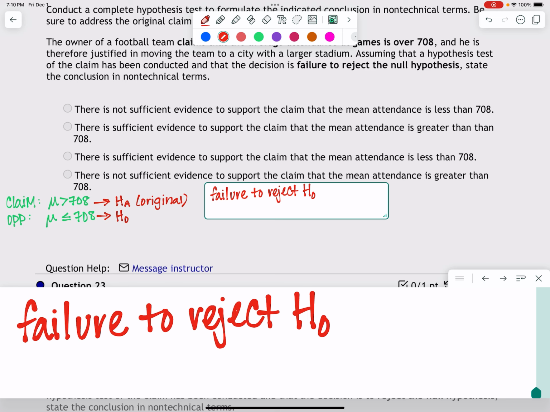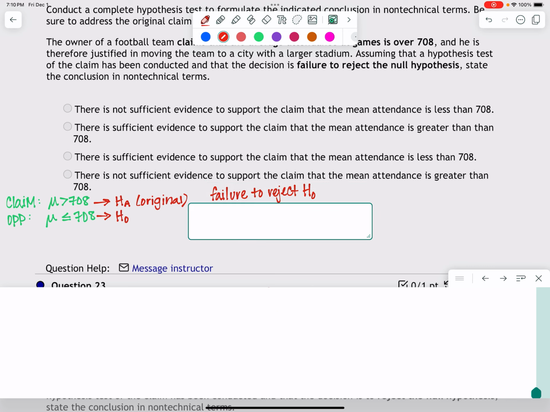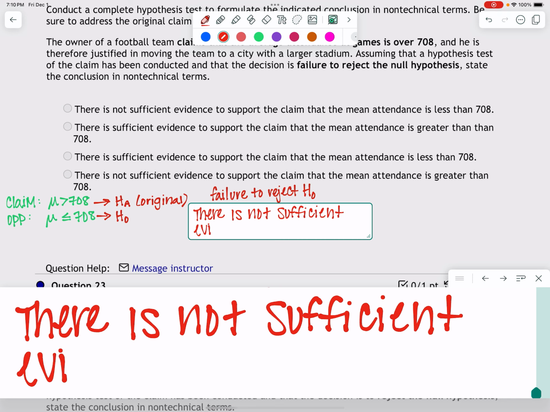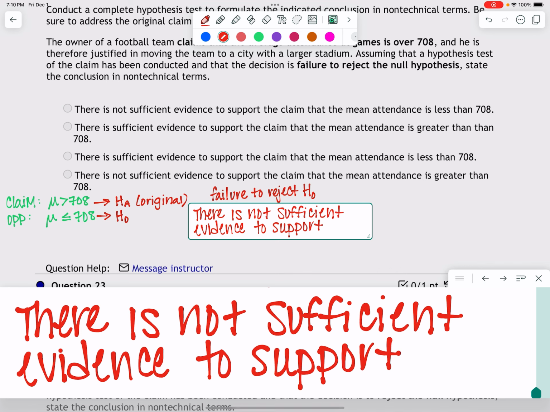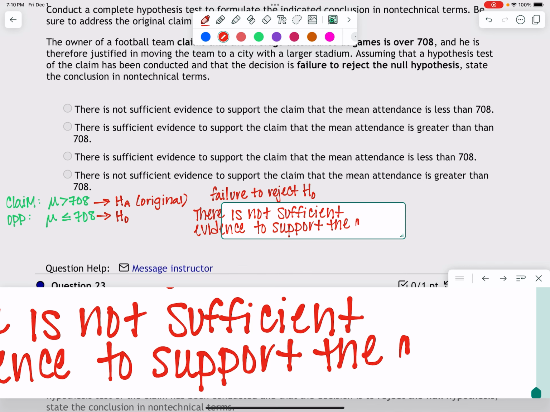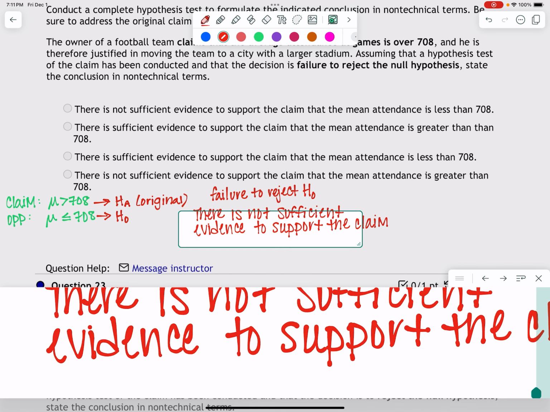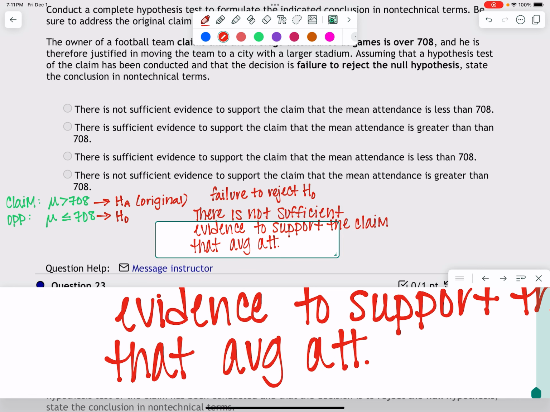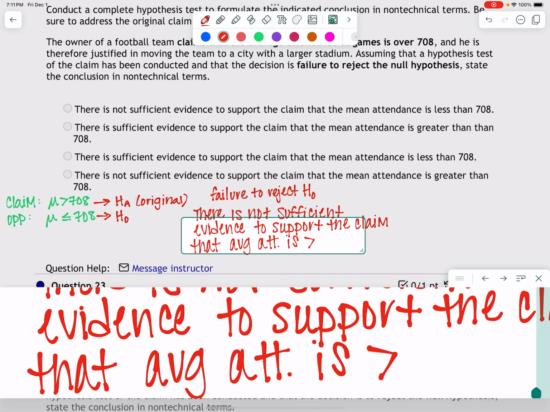When the original claim is the HA, it says there is not sufficient evidence to support the claim that average attendance is greater than 708.